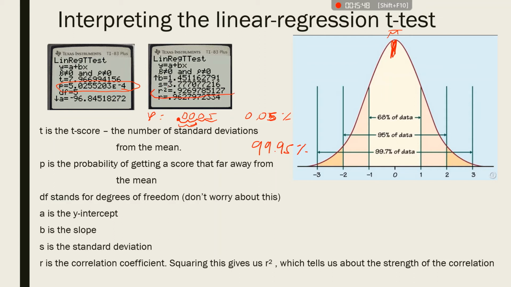Looking at my r squared, my r squared is 0.9. That is above the 0.6 that we need. So r squared is greater than 0.6, which means this relationship is a strong relationship. The points are very close to the line. And my r is positive.